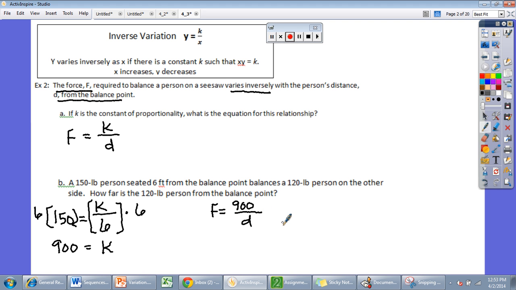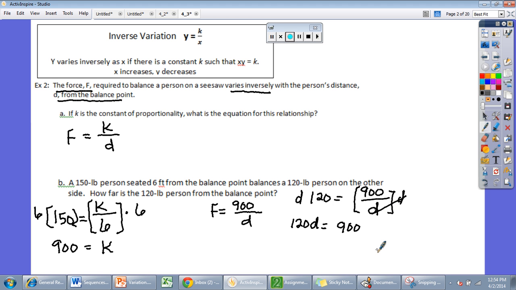So how far is the 120-pound person from the balance point? So we're going to plug in 120 for our force. In order to solve for D, we're going to multiply both sides by D. So we get 120D is equal to 900.